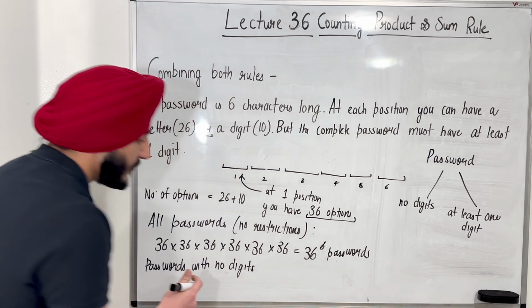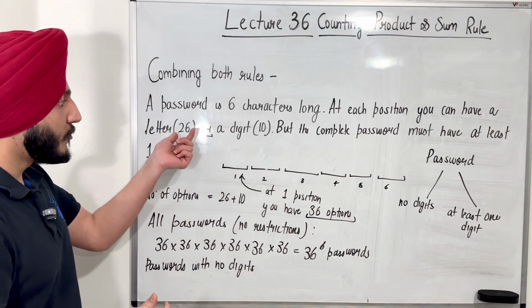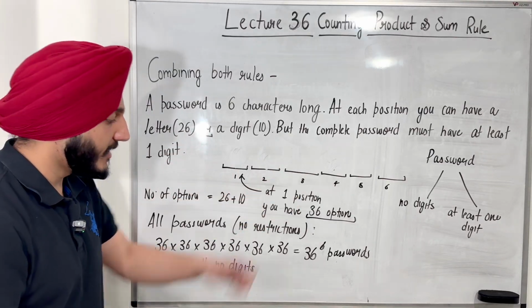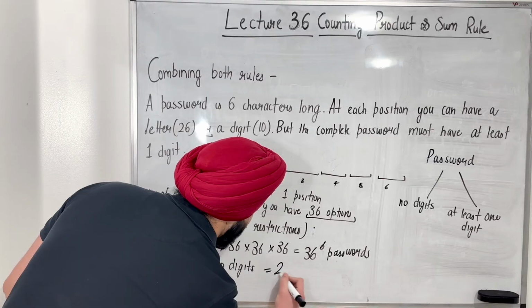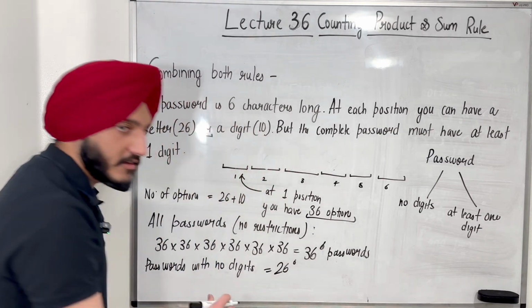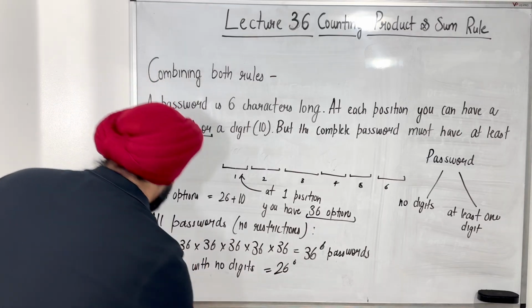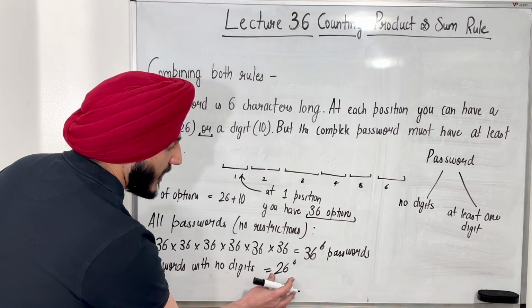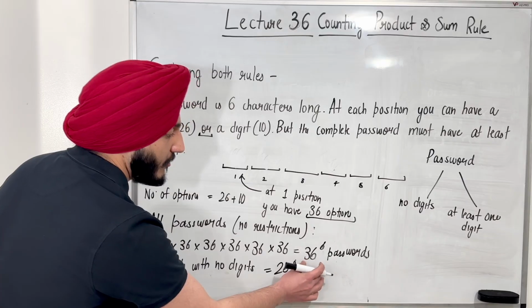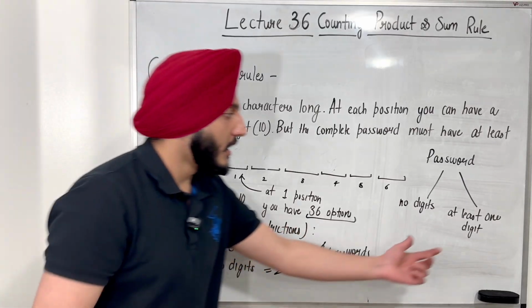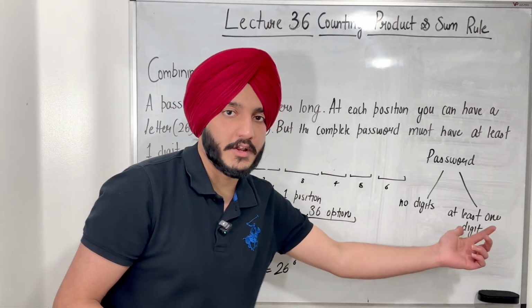If a password has no digit, then you would have 26 options for any one of these places. So it would be 26 to the power of 6, because you have 6 positions. Now all you have to do is subtract this from 36 to the power of 6. And that would give me the passwords that have at least one digit, right?